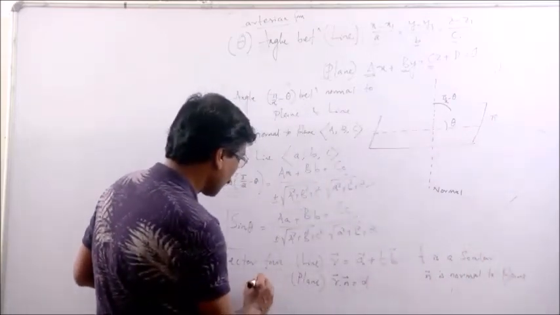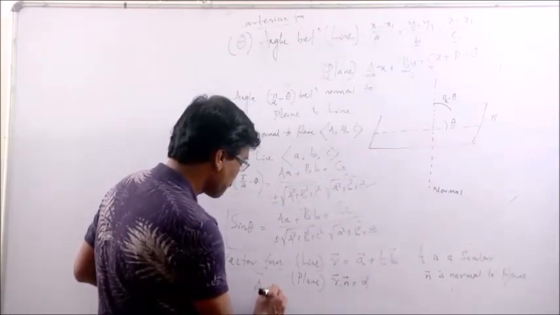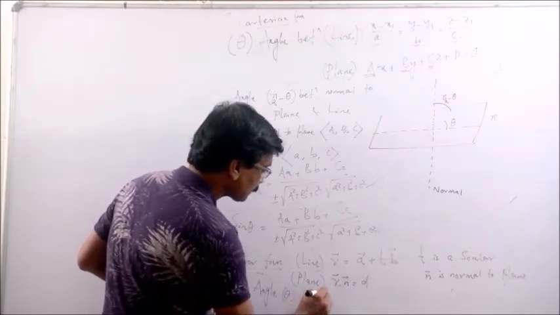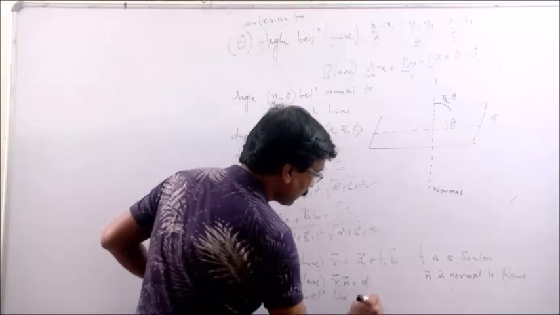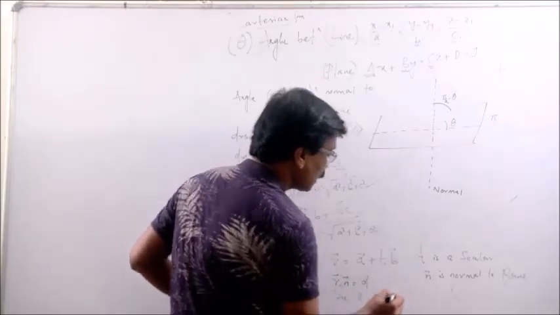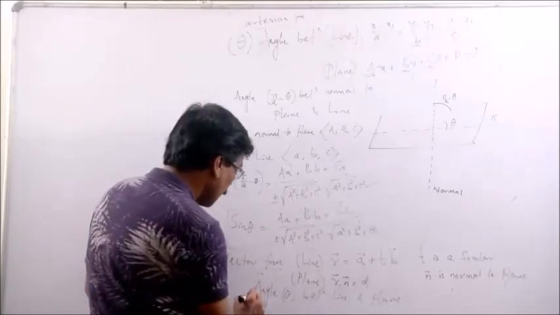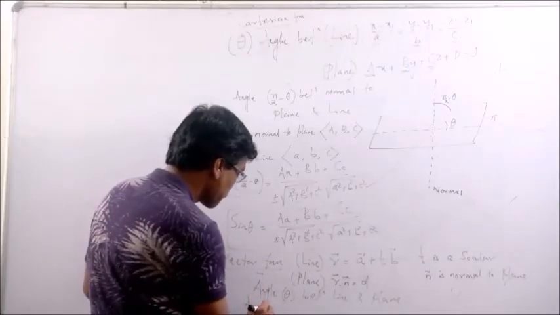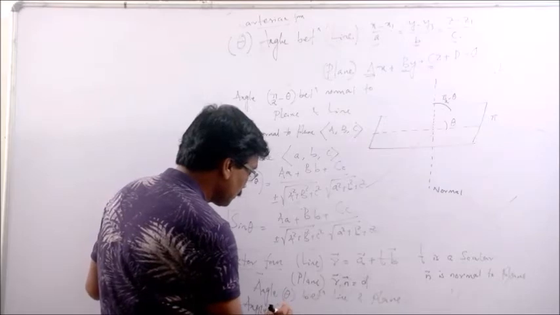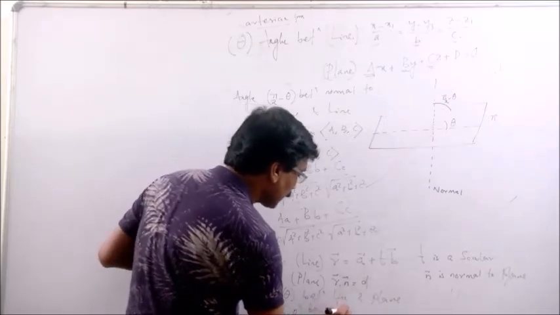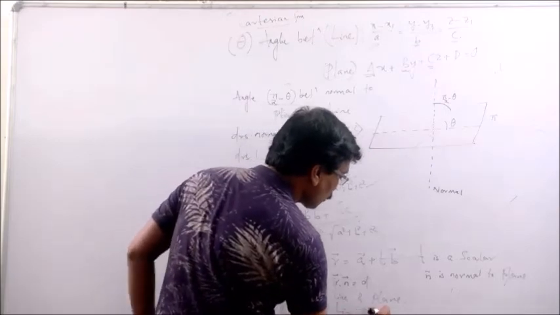So, the angle theta between line and plane: if angle theta is between line and plane, then angle pi by 2 minus theta is between line and normal to plane.